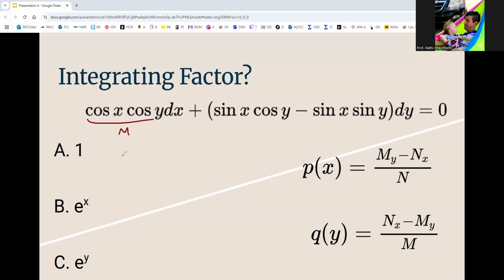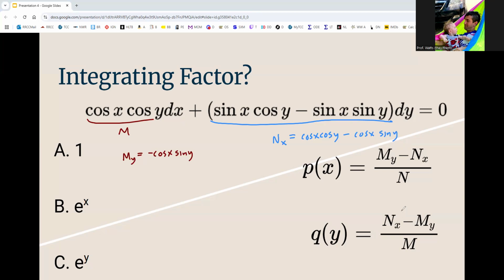There is m, and the partial derivative of m with respect to y is negative cosine x sine y. And then there is n, and the partial derivative of n with respect to x is cosine x cosine y minus cosine x sine y.